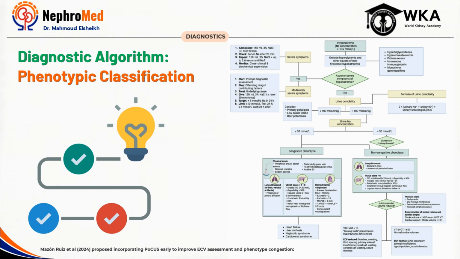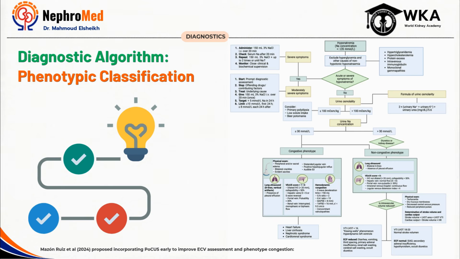The first step is always confirming that this is truly hypotonic hyponatremia. After that, we assess symptom severity and determine whether urgent intervention is needed or not. Then we move into physiological classifications, hypovolemic versus euvolemic versus hypervolemic phenotypes. At this stage, urine osmolality, urinary sodium, medications review, endocrine evaluation, and increasingly POCUS findings all become integrated into a decision-making process.